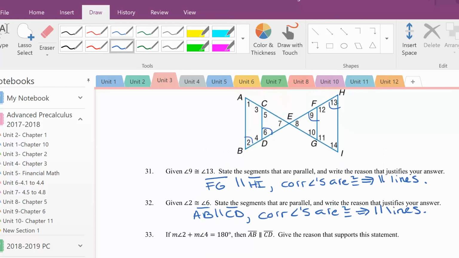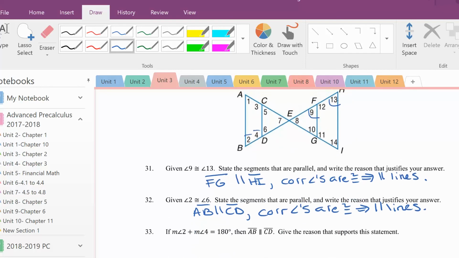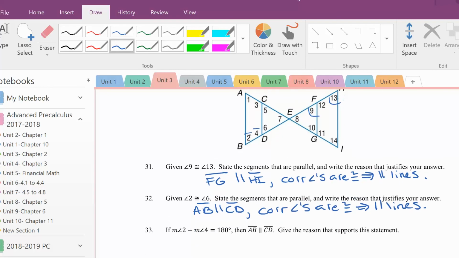Number 33, if the measure of angle 2 plus the measure of angle 4, right here, these two, equals 180, then AB is parallel to CD. Why is that true? Well, 2 and 4 are consecutive interior, so it would be: if consecutive or same side interior angles are supplementary, then you have parallel lines.